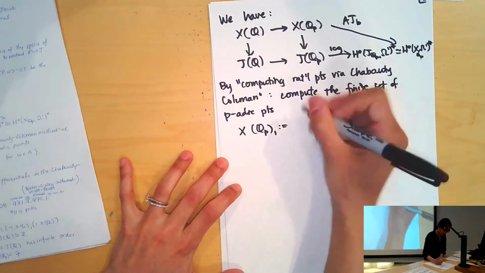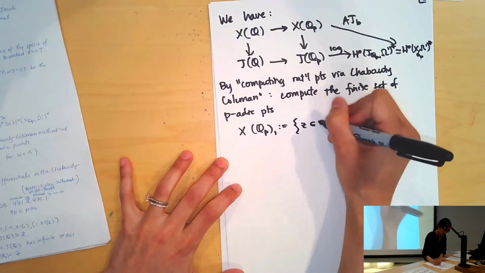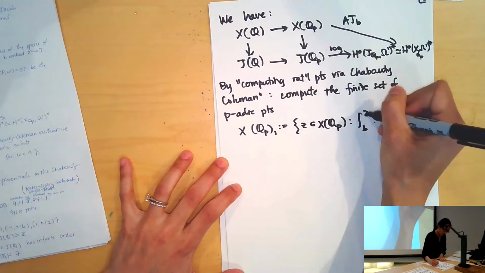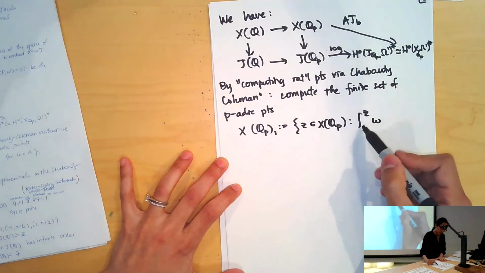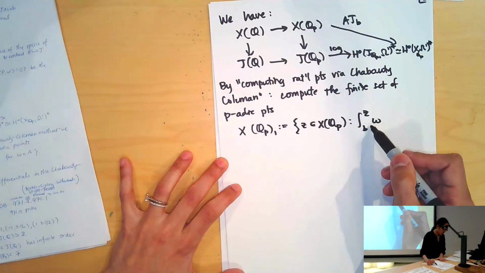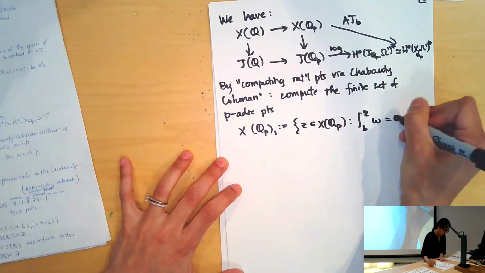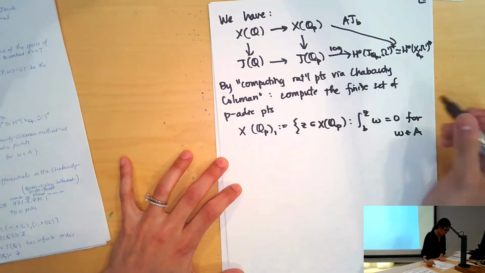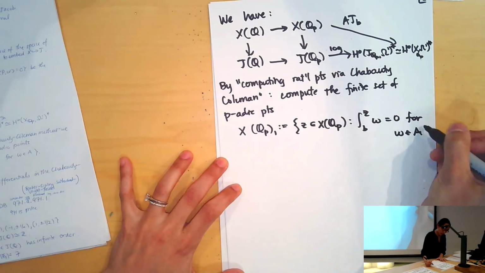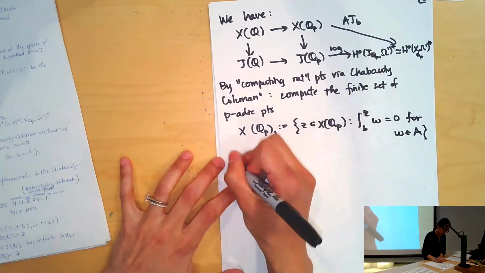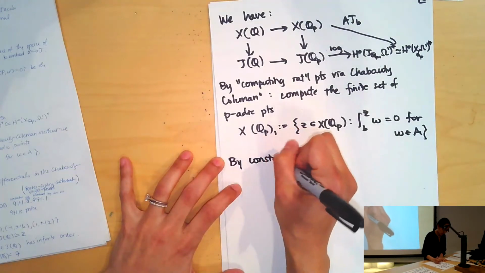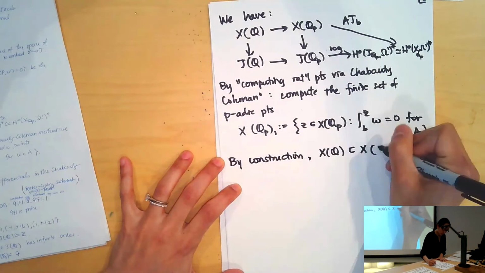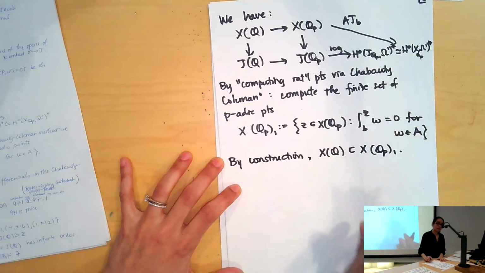So the set X(Q_p)_1, this is the set of all p-adic points z for which all integrals of our annihilating differentials omega vanish. So A, again, being the subspace of annihilating one forms. And by construction, the set of rational points is contained in the set X(Q_p)_1.